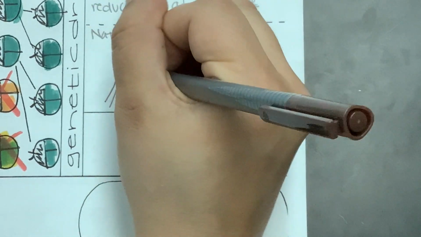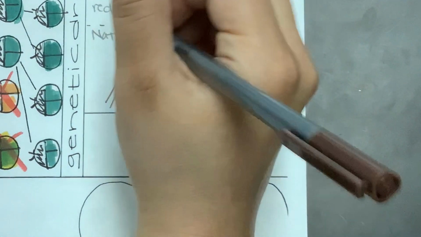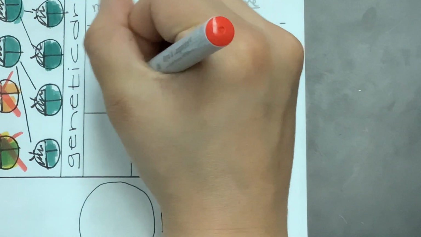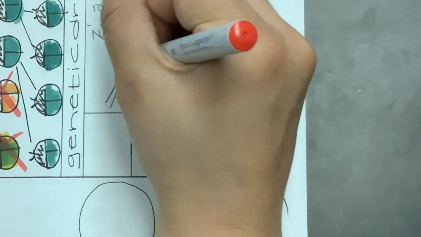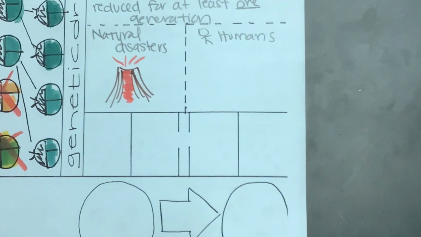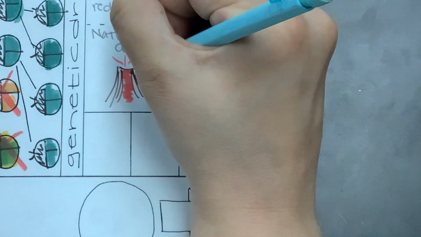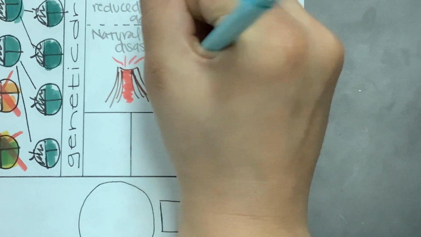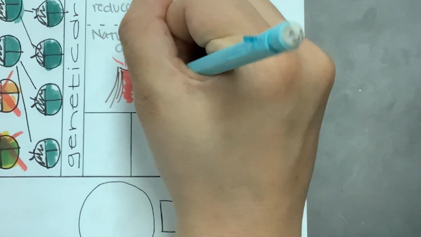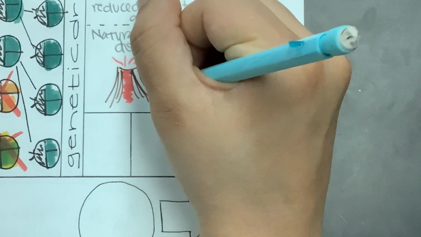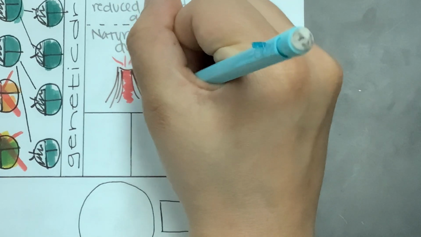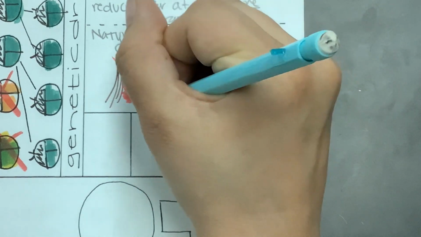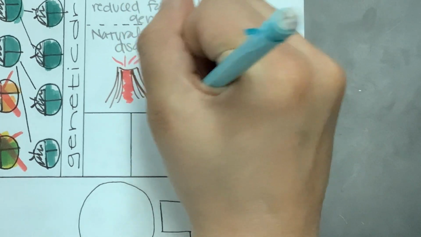And just for funsies, I'm going to go ahead and draw my volcano here. Spewing lava. Okay, and remember, like I said, it could be earthquakes. It could be volcanic eruptions. Or other natural disasters, right?